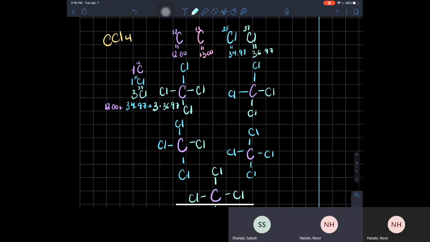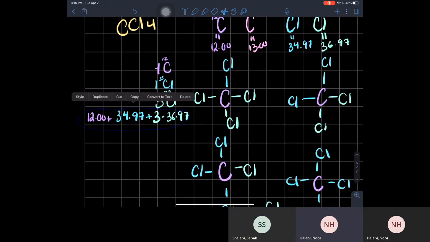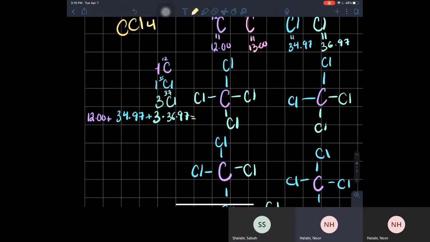And what about the 13? What 13? There is no 13. Oh, okay, because we only have one carbon and it's carbon 12. When you add all this together, it'll give you 12 plus 34.97 plus 3 times 36.97.